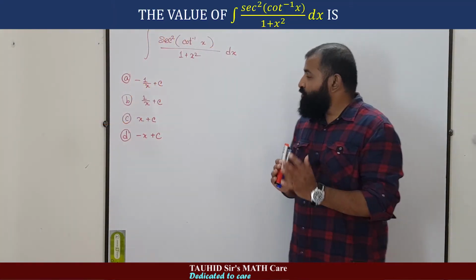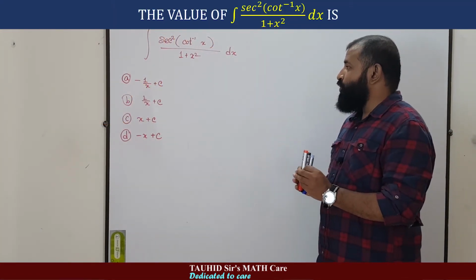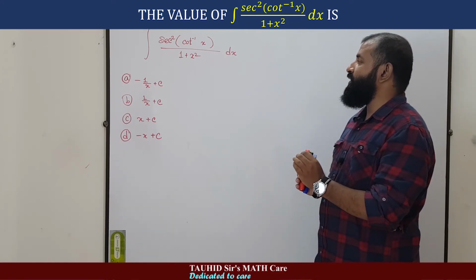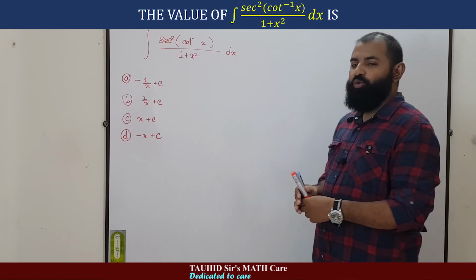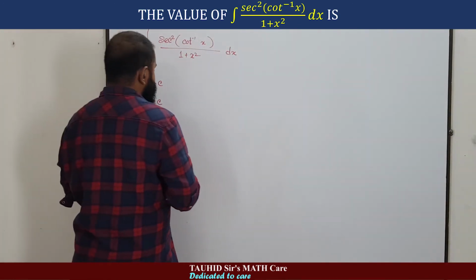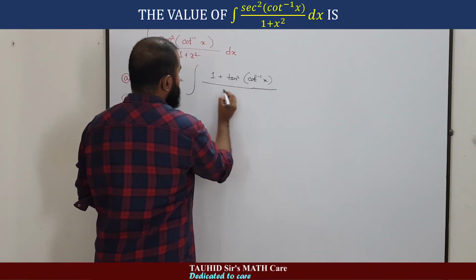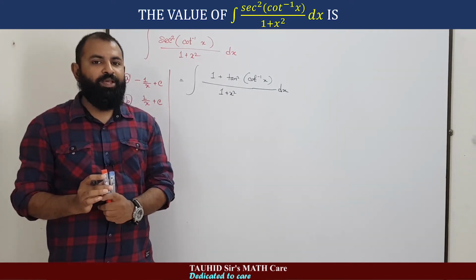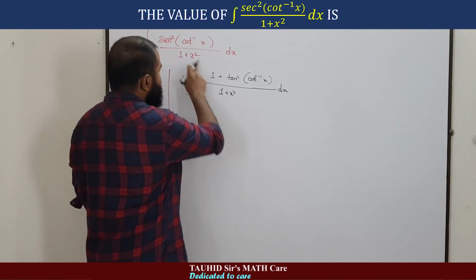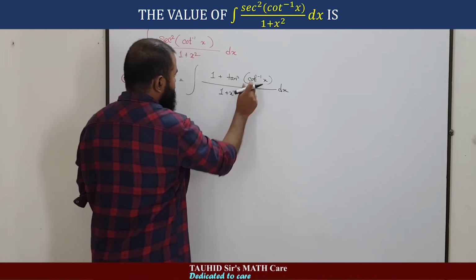This math looks a little bit uncomfortable to you, but if you look into it carefully, this is not so complicated. What you need is to simplify this. Of course, you know that sec square theta equal to 1 plus tan square theta. That means sec square this equal to 1 plus tan square this.